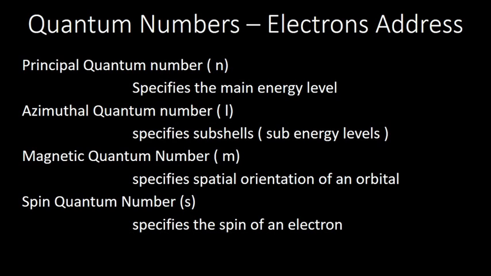In an address, it is like the district which you belong to. Then azimuthal quantum number specifies the subshell, like the panchayat or municipality in your address.